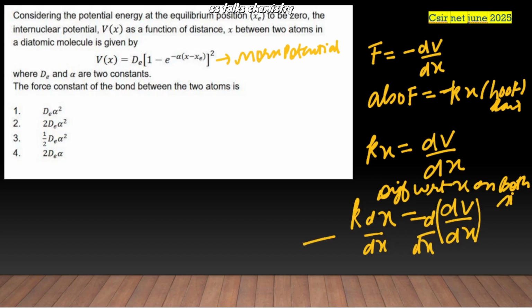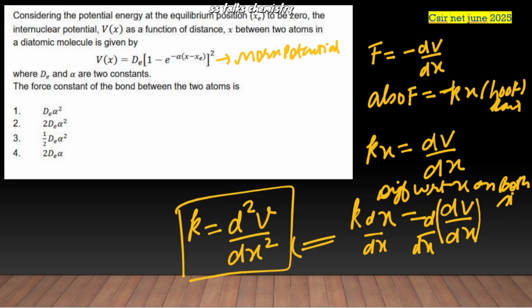So that means k will be equal to d square V by dx square. That means differentiating the given potential energy with respect to x two times will give me the value of the force constant, right?